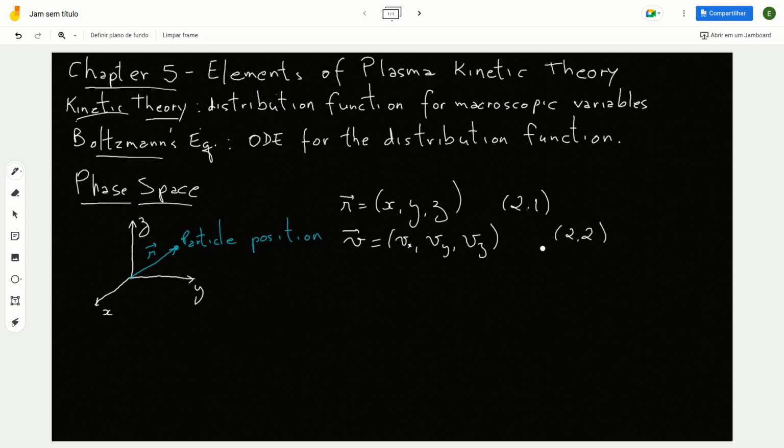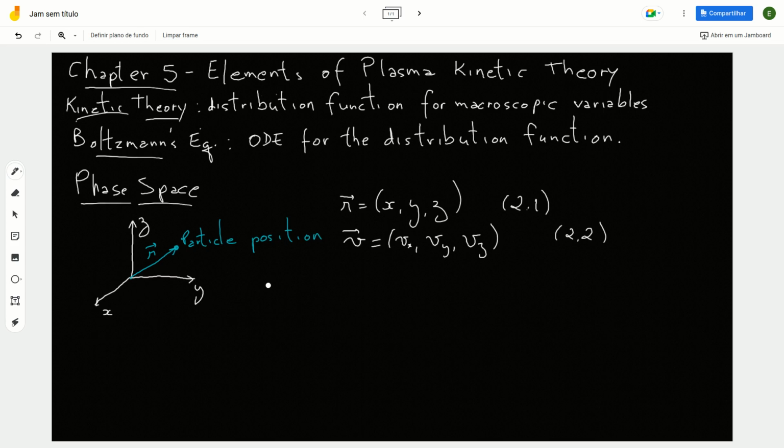And these are basically the time derivatives of the components of the position vector. We could just change r by v and have a similar three-dimensional visual representation for the velocity vector.